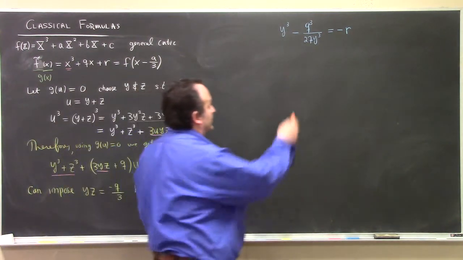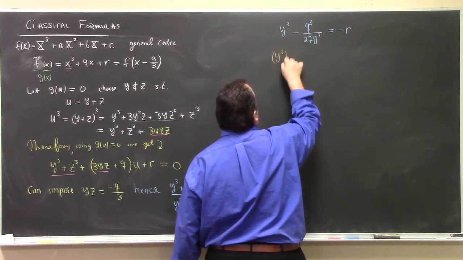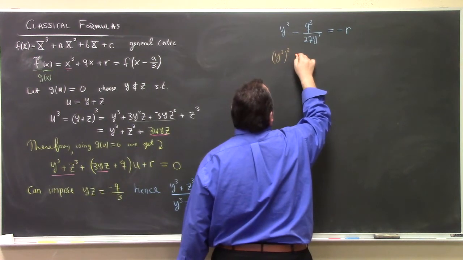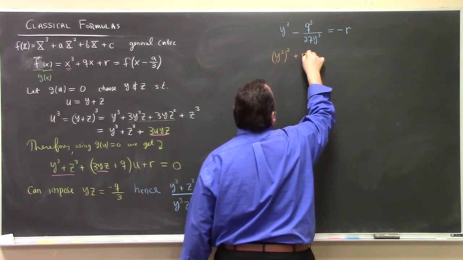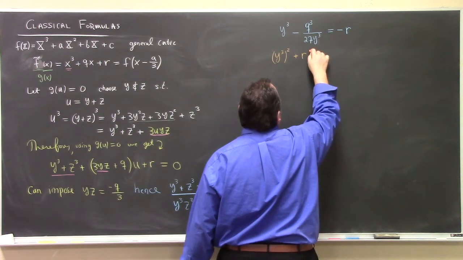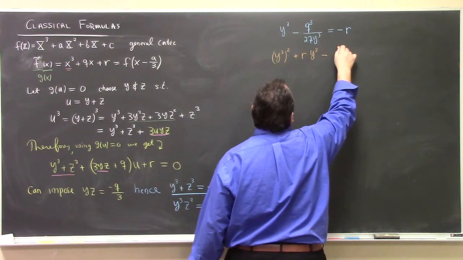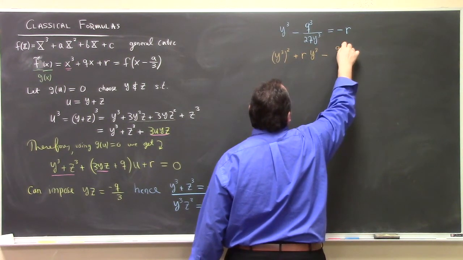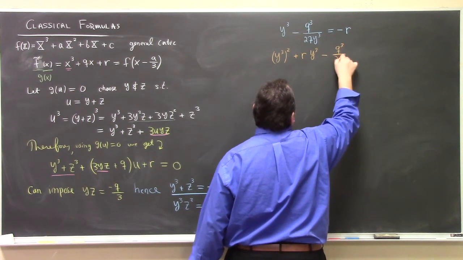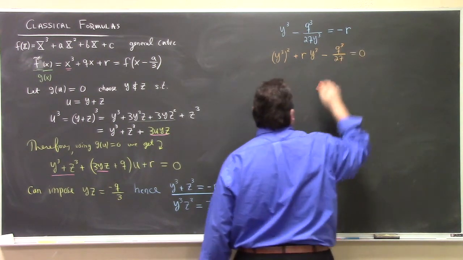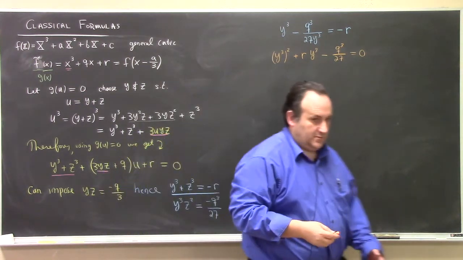And then multiply this by y cubed. We get y cubed squared rather, plus r y cubed minus q cubed over 27 equals 0. We get a quadratic, which is indeed quadratic in y cubed.